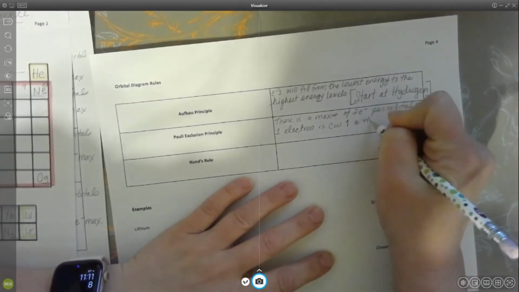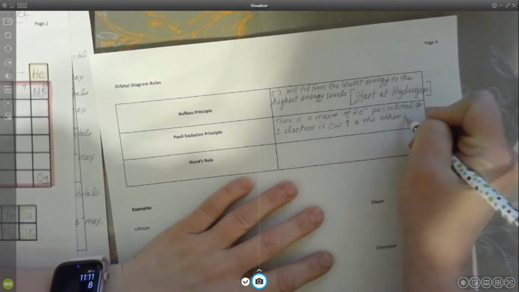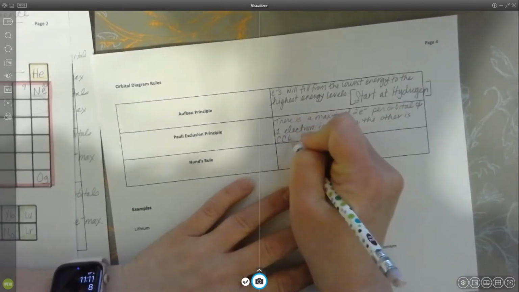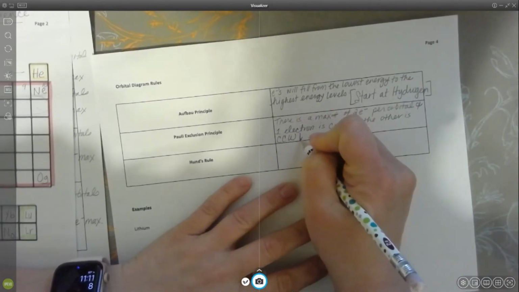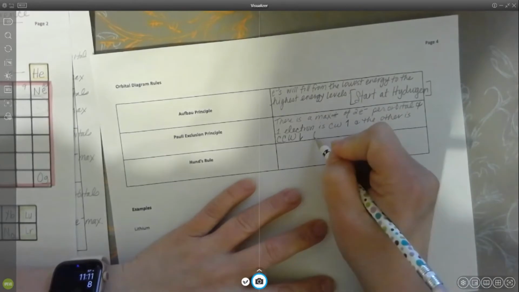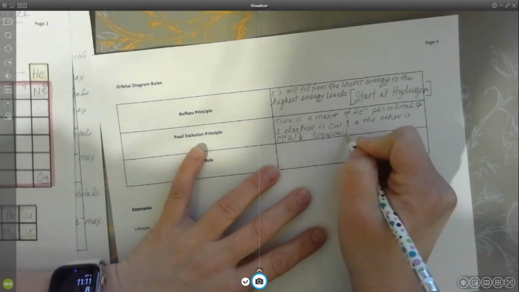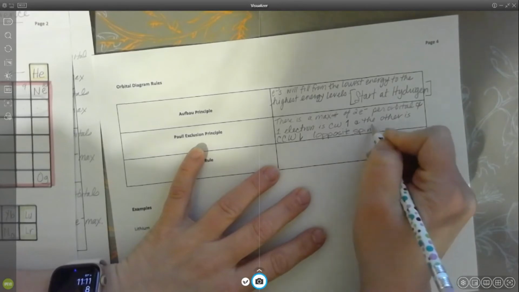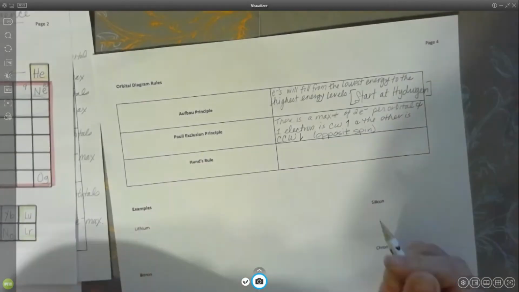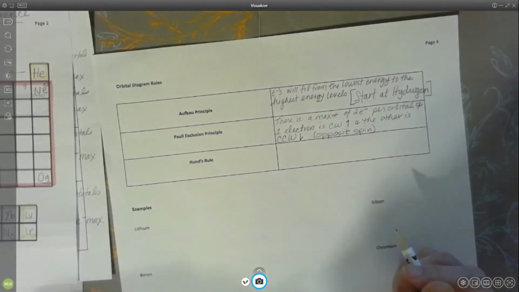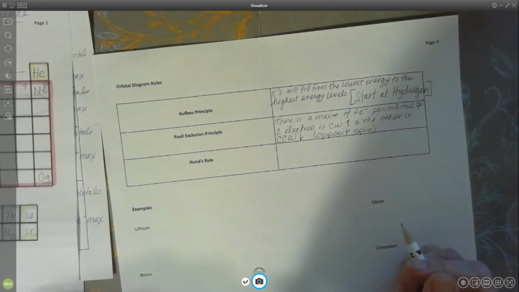And the other is counterclockwise, which is that downward spin. So we like to call this the rule of opposite spin. And this is partly what allows 2 negative particles to be in close proximity to each other and not completely repel.